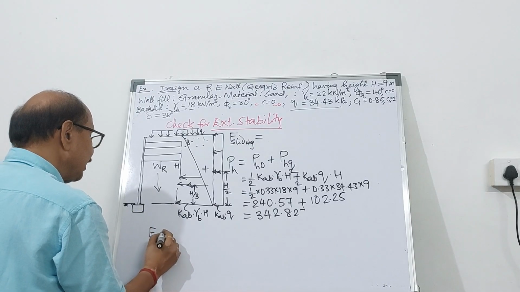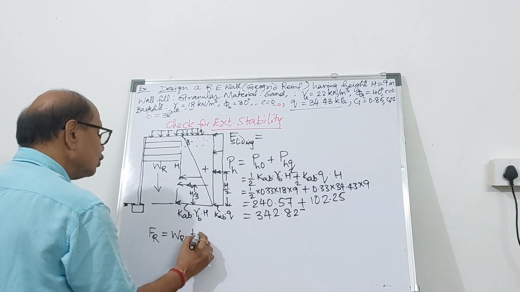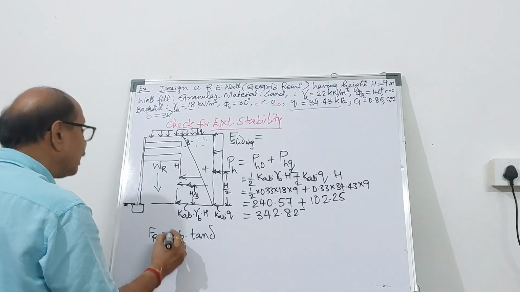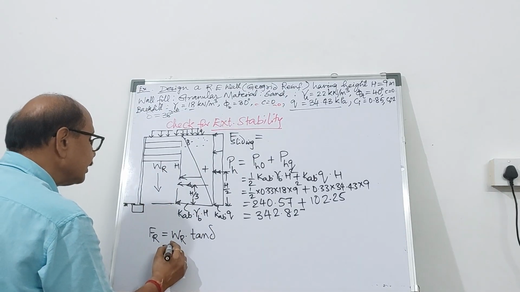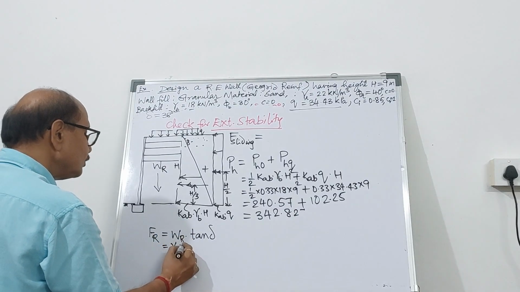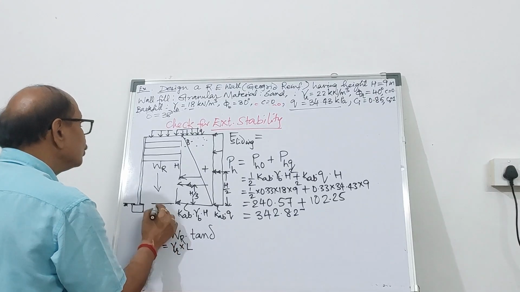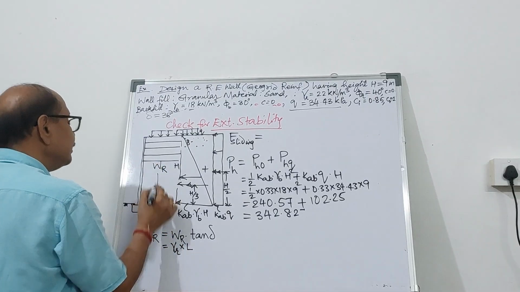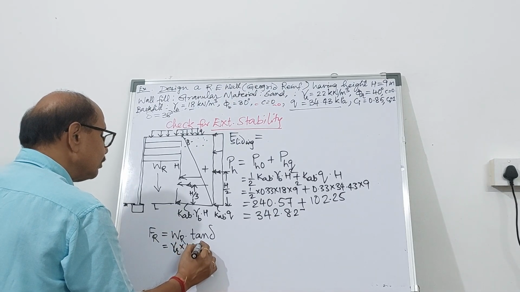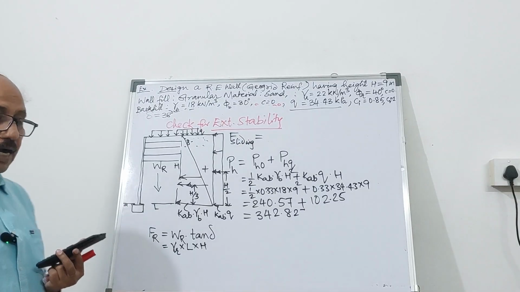So Fr will be Wr into tan delta, and Wr you can easily calculate as gamma r kilonewton per meter cube into this length. This is the length of the reinforcing element multiplied by its height.